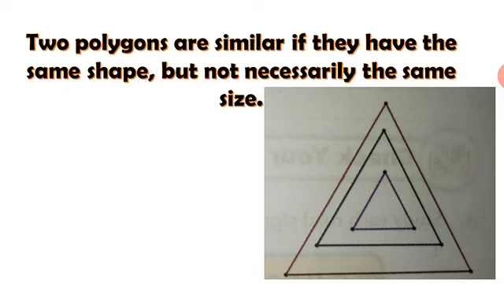Next, let's proceed to similar polygons. Two polygons are similar if they have the same shape but not necessarily the same size.